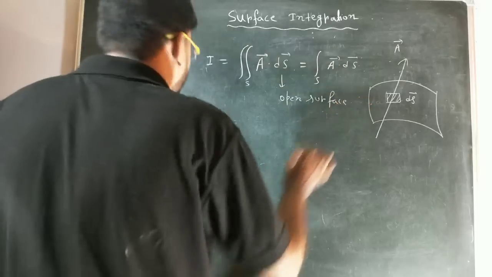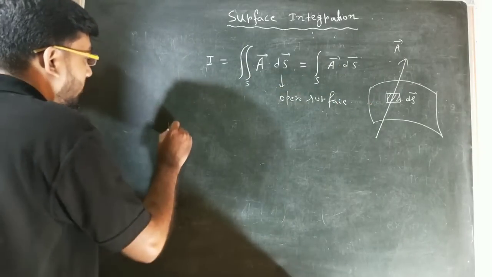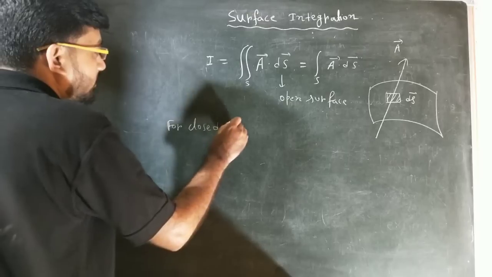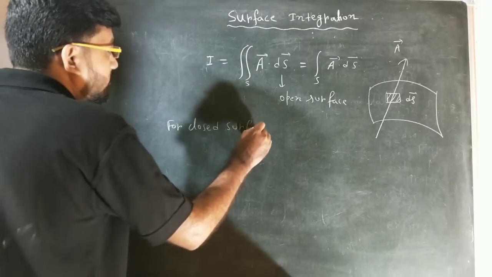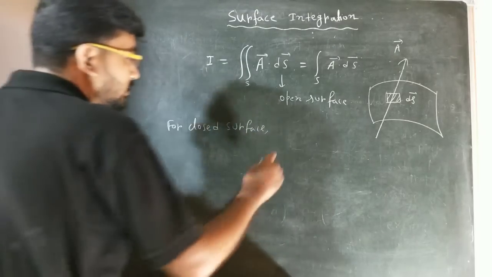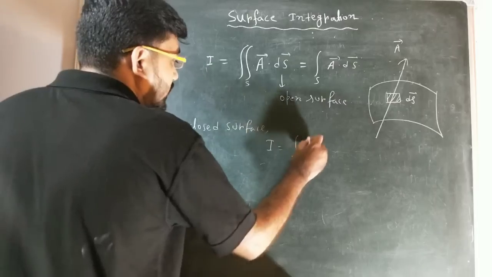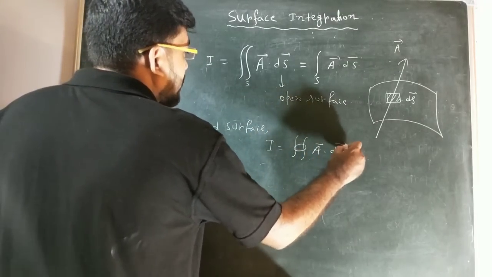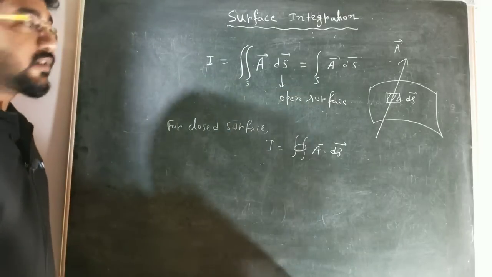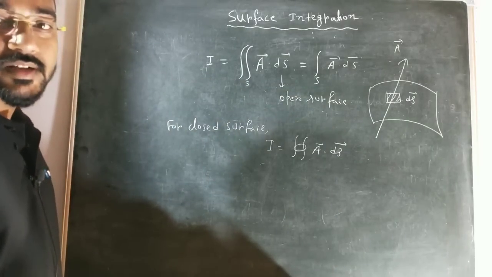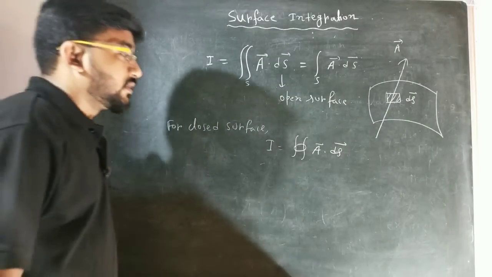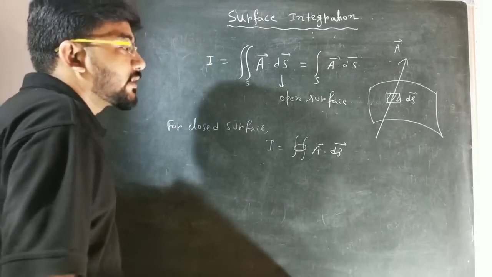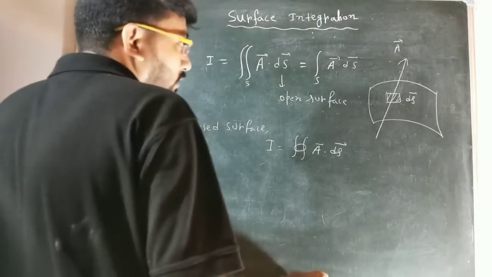But if you have a closed surface, what you have to do is represent this surface integration like this, closed integral of A dot ds, okay. Now if you treat this ds as a vector quantity, then obviously it has a direction, and this direction can be written in terms of a unit vector.